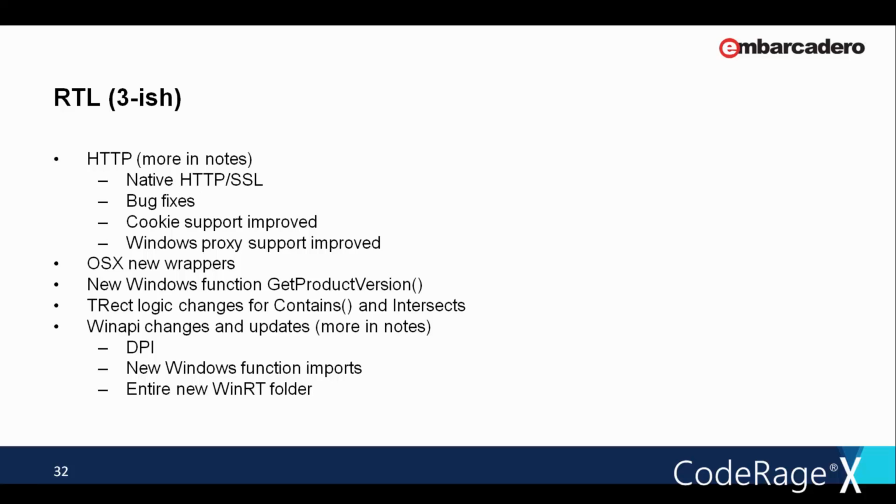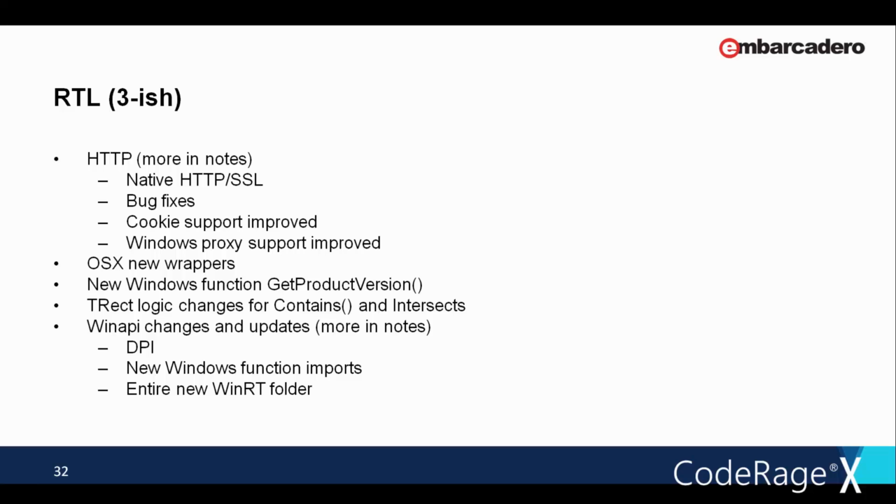For HTTP underneath RTL, again, it's native HTTP and SSL on Windows, Android, and iOS. There are bug fixes in there. The cookie support has improved, and that's primarily bug fixes, but in general it just works better. The Windows proxy support has changed and is more clear and concise.